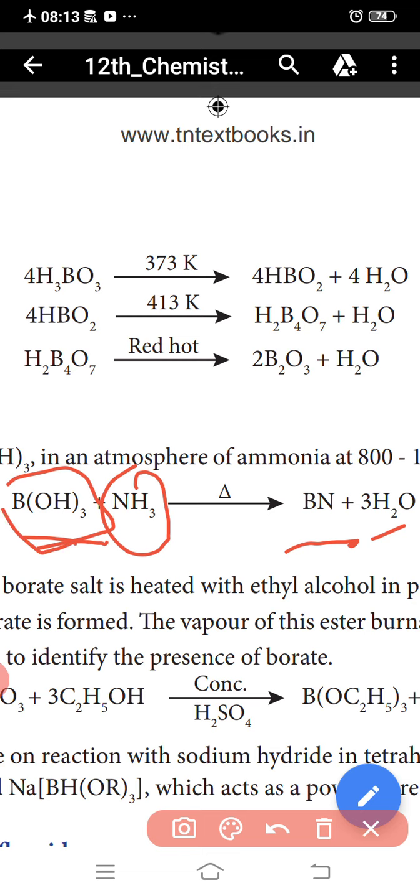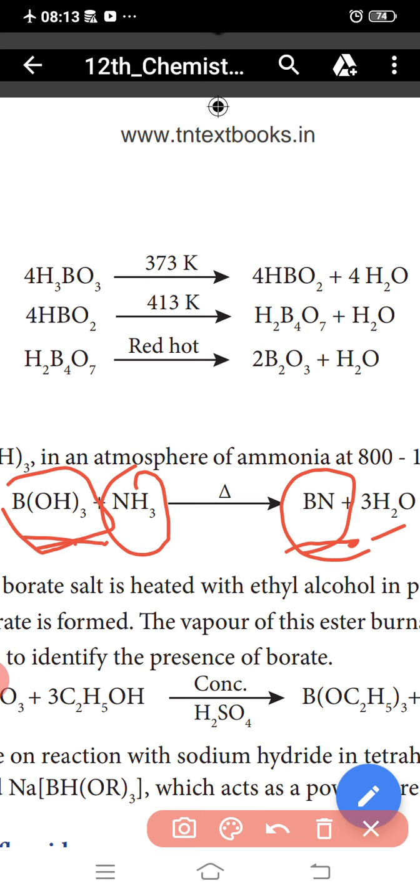Boric acid, formula B(OH)3, reacts with ammonia in an atmosphere of ammonia at 800 to 1200 Kelvin. So it gives boron nitride, and water molecules are formed.